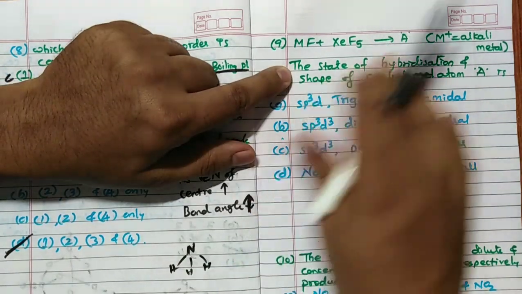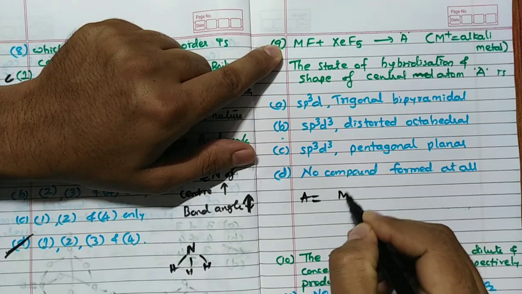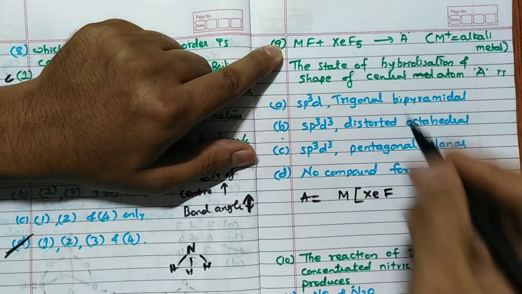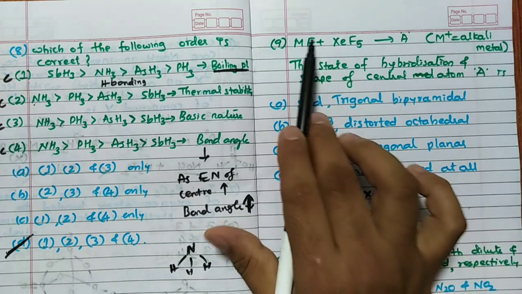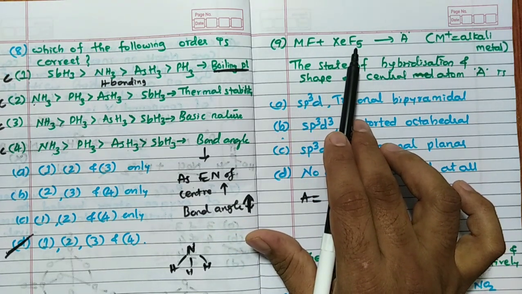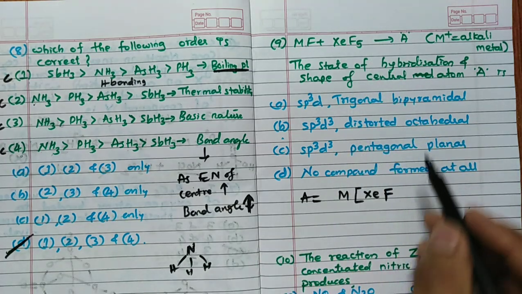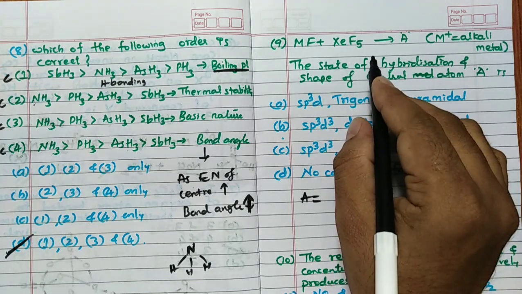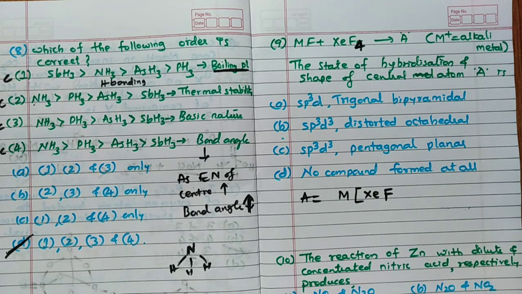Now you can say, then what should be the compound? The compound A should be, remember, M outside the coordination sphere, XeF5 here. In this particular case, MF and XeF4 give rise to A. Actually it is XeF4, sorry my dear students, XeF5 is not possible, right?